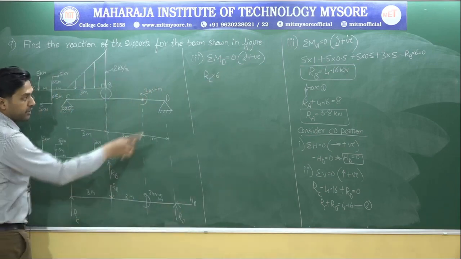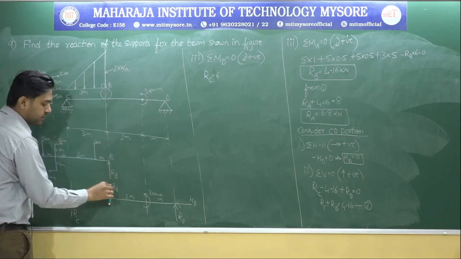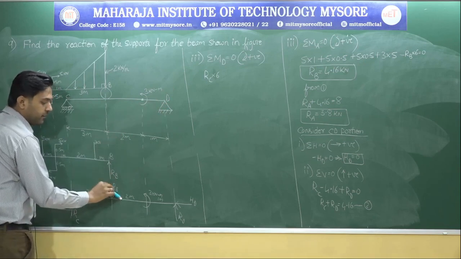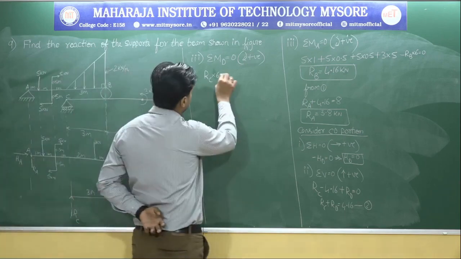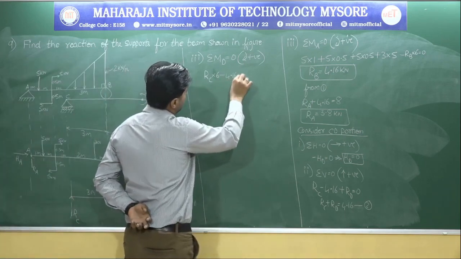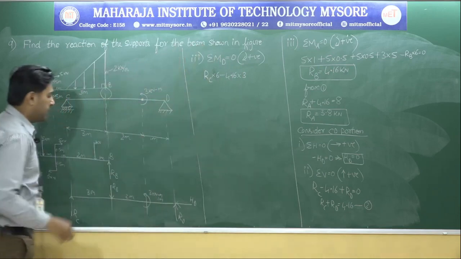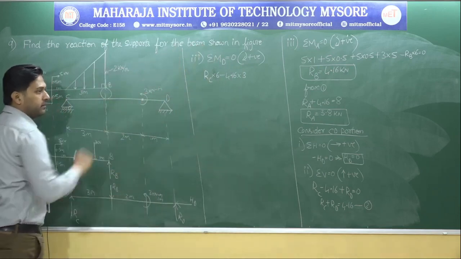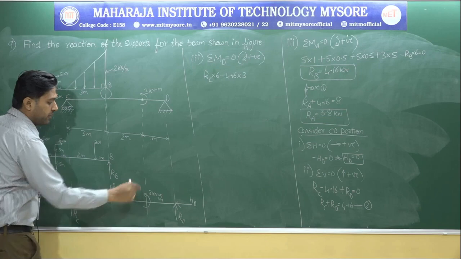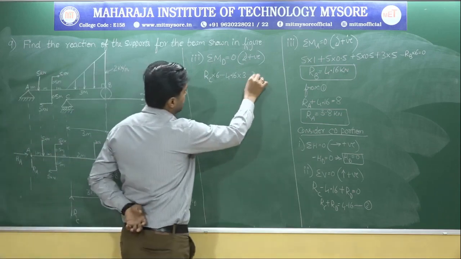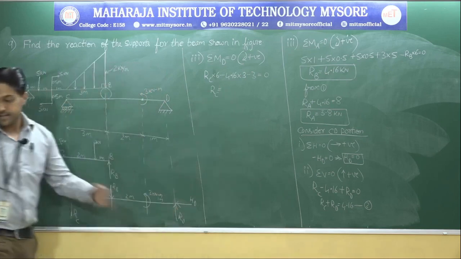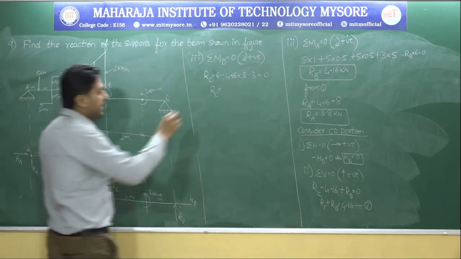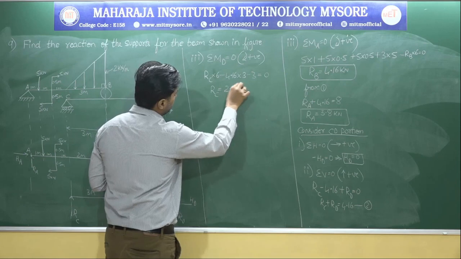Next, this RB value I know, 4.16. This force needs to go and touch it in anti-clockwise direction, so minus 4.16 into 3. Next, as it is a moment, I need to consider the pure moment. Pure moment is acting in anti-clockwise direction, minus 3 is equal to 0. So the final value of RC is 2.58 kilonewton.